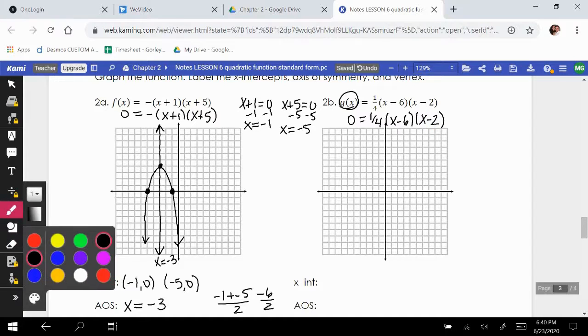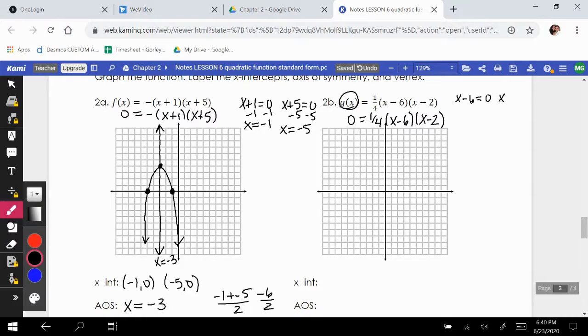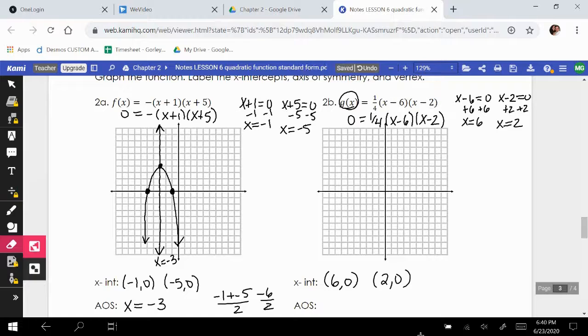So I'm going to write that down. Either x minus 6 is equal to 0 or x minus 2 is equal to 0. Here if I add 6 on both sides, I get that x is 6. Here if I add 2 on both sides, we get that x is 2. So my x-intercepts have to be 6, 0 and 2, 0. Check your work. It should be opposite of what was inside the parentheses there.